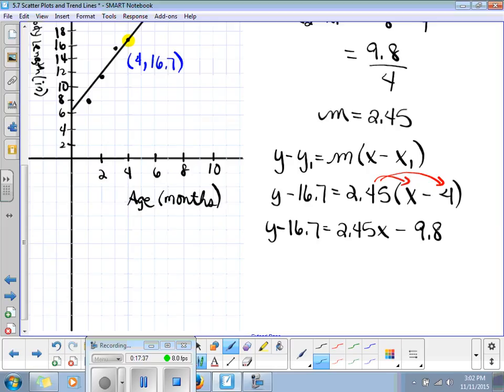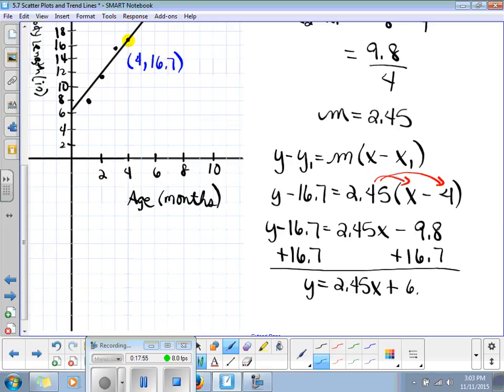All right. And then we want to add 16.7 on both sides. And Y is equal to 2.45x plus what? 6.9. And there is your equation.